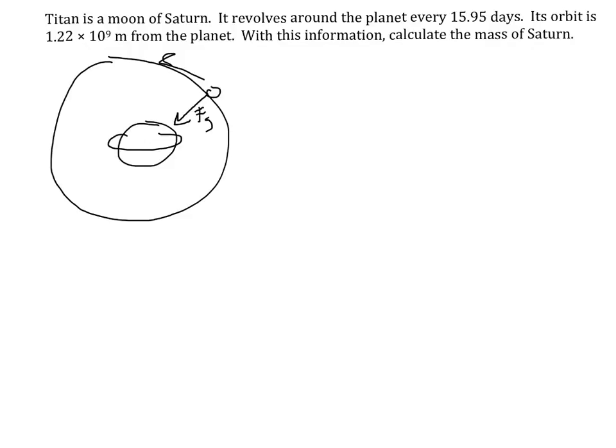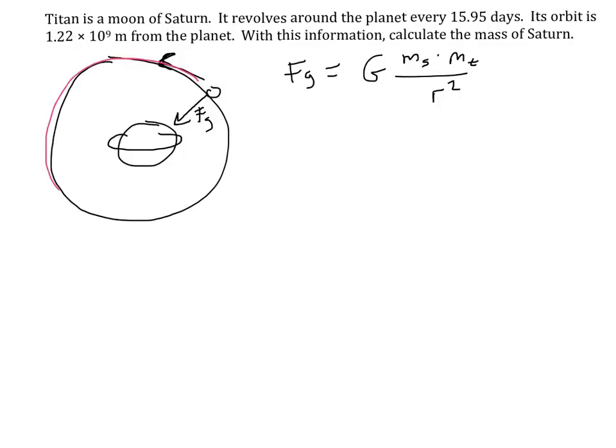So this all comes down to, again, expressing all the forces with some variables. So we know Fg, the force pulling Titan, is equal to big G times the mass, in this case of Saturn, times the mass of Titan over the distance between them squared. Again, the m's just get subbed in depending on what the objects are. And again, this thing is going in circular motion.